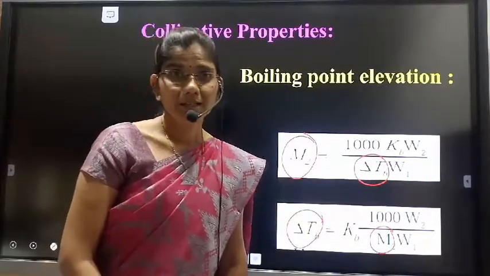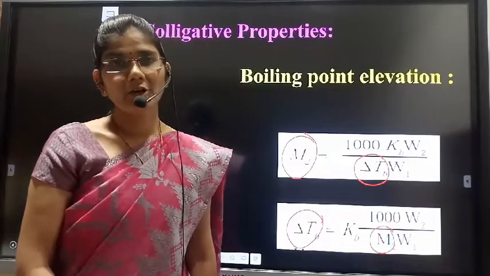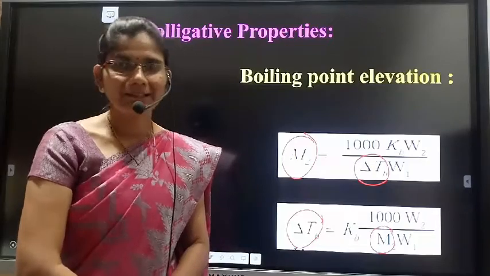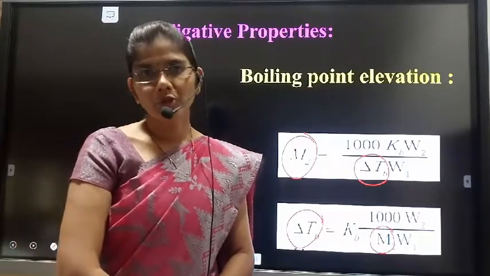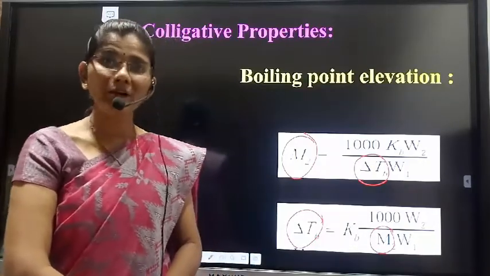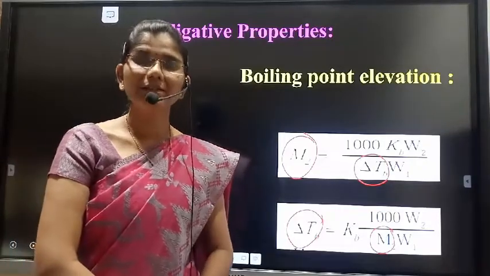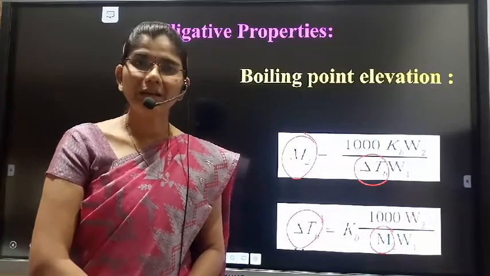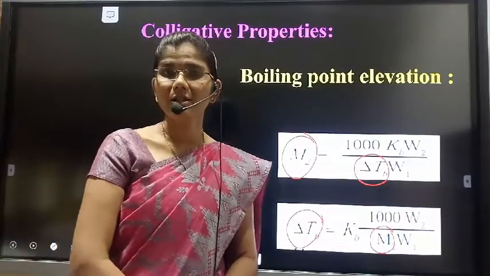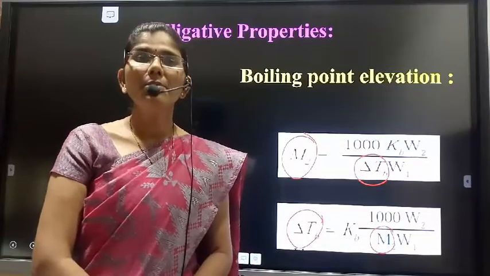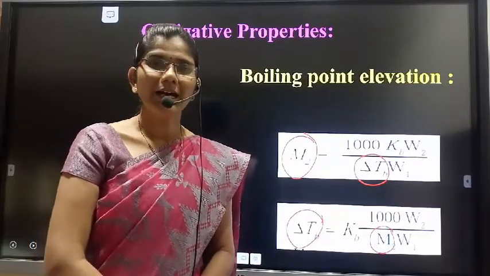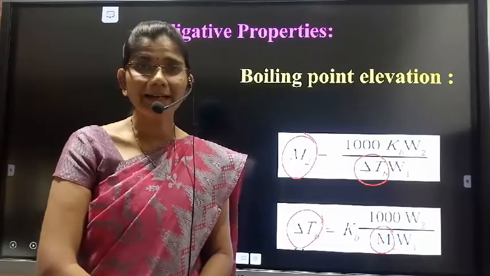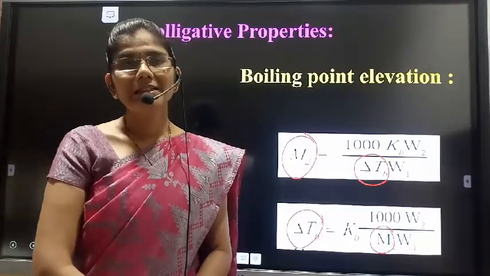That means in the boiling point elevation, the molar mass of the solute is calculated. As we saw in our last lecture, the elevation in boiling point delta TB, from the thermodynamic consideration, depends on the molality of the solution, and molality is equal to N2 divided by the mass of the solvent in kilogram.